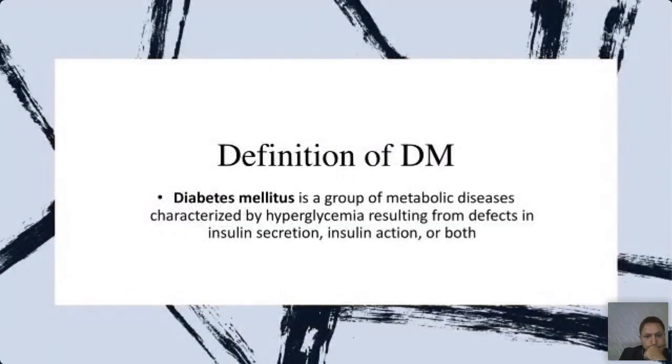So let's start with this slide about the definition of diabetes mellitus, and this is taken from the American Diabetes Association guideline. Diabetes mellitus is a group of metabolic diseases characterized by hyperglycemia resulting from defects in insulin secretion, insulin action, or both. From this definition, where do these criteria or numbers of diabetes come from?